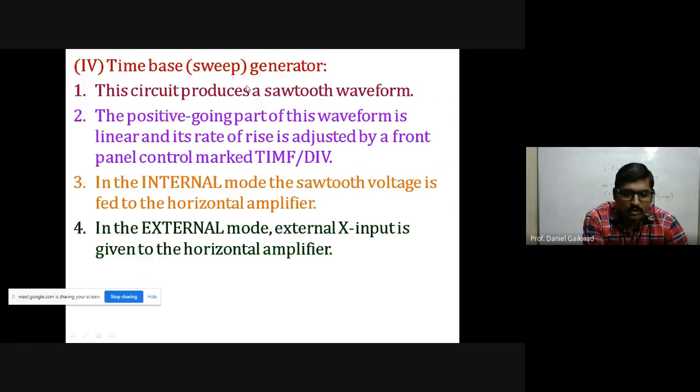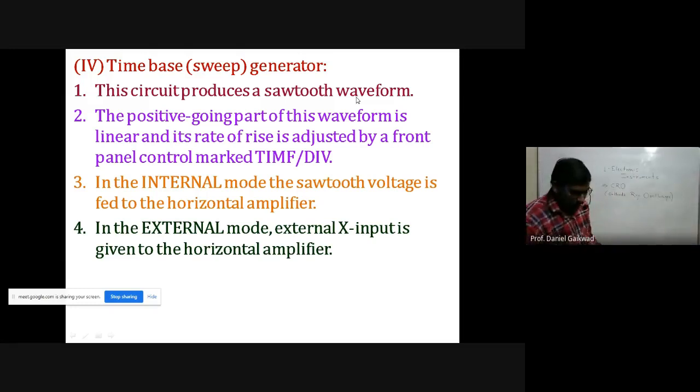Now we have the time-base or sweep generator. Check carefully, this is also one of the important parts. Number first, this circuit produces a sawtooth waveform. Now check carefully, we can draw the sawtooth waveform like this.